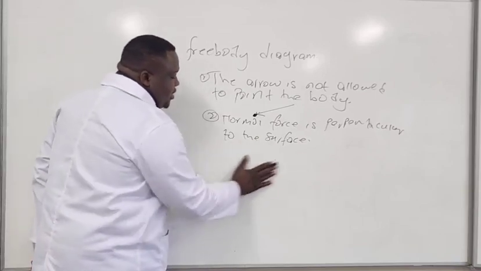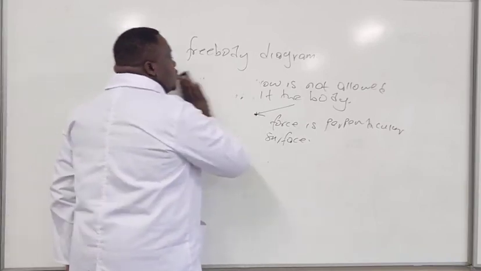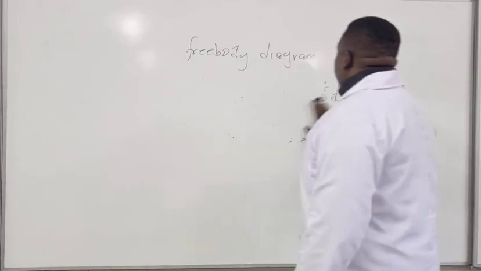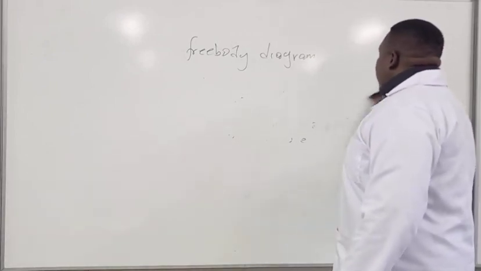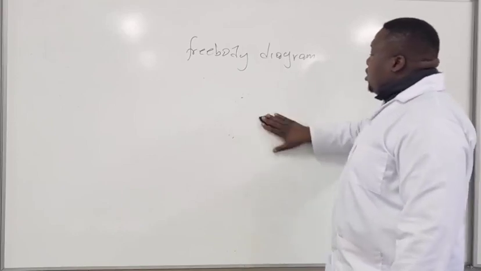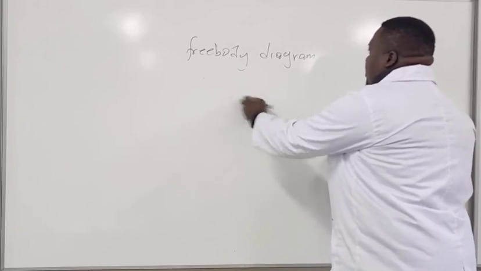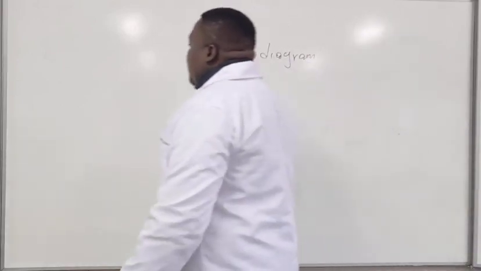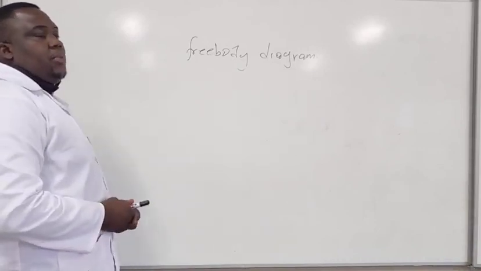So that is the second rule. Then we can start to draw a free body diagram. When we draw a free body diagram, I advise that you do not draw the components of forces. Rather, draw the forces themselves, not the components.